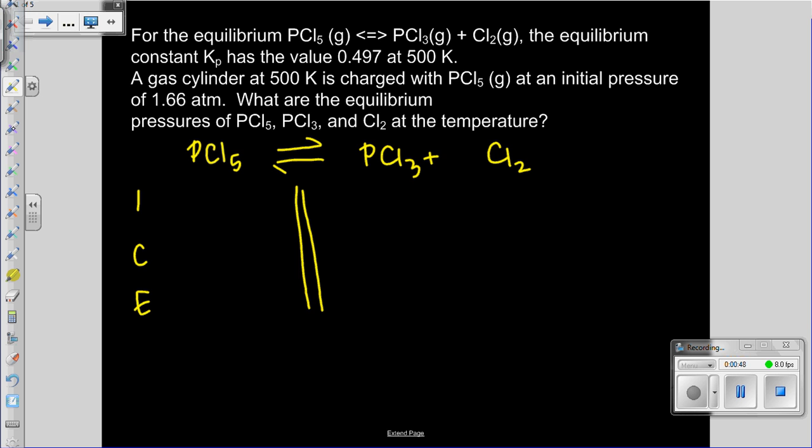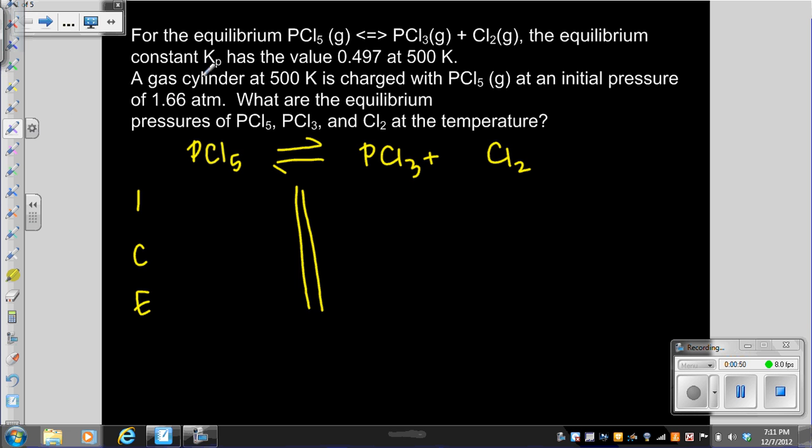Now I'm going to go back and read the problem. So we've got this equilibrium that I've written here. They're all gases, so it's a homogeneous equilibria. They've given us an equilibrium constant Kp that has a value of 0.497.